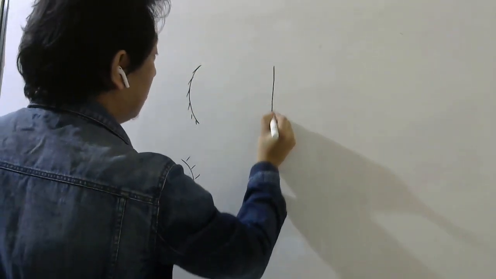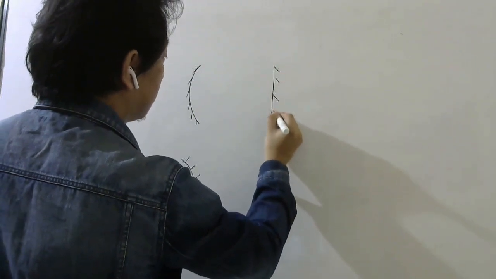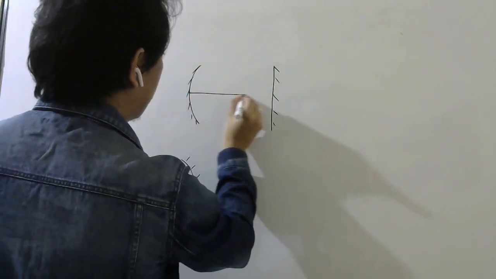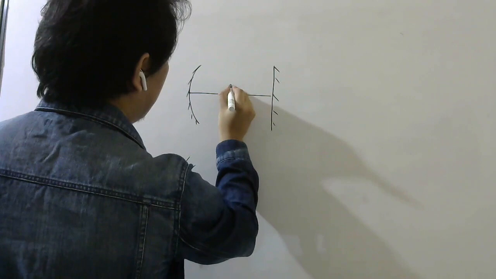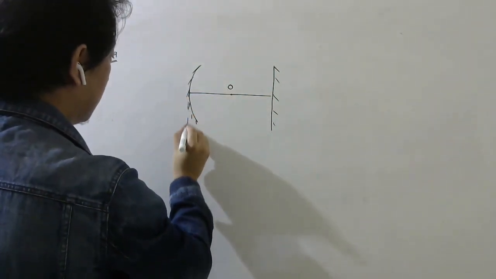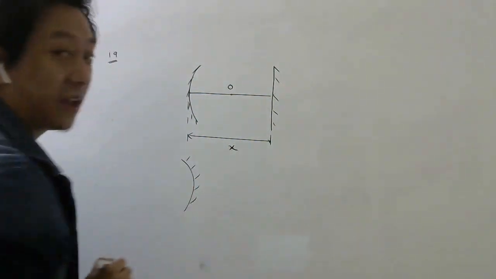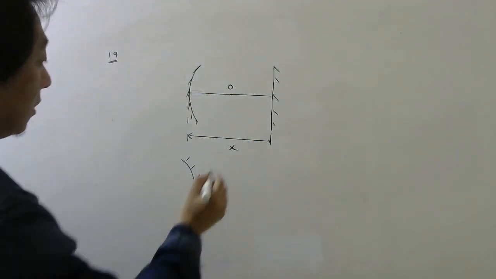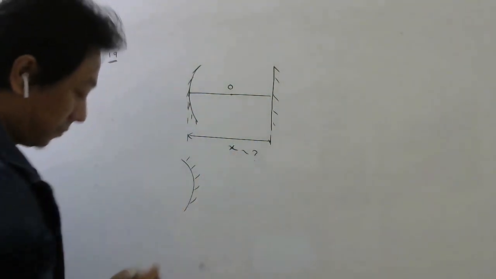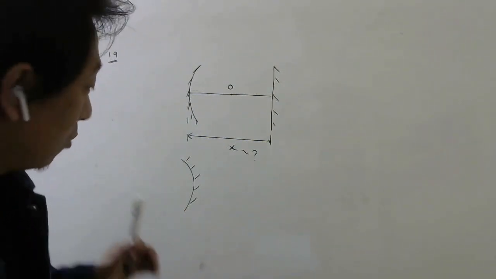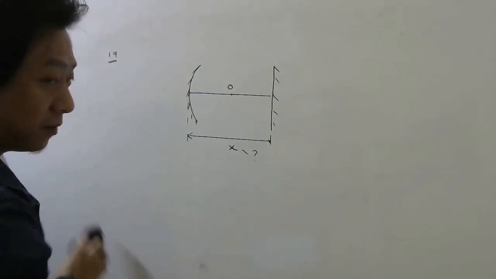And there is a plane mirror. This is the principal axis. At the midway, there is an object. They want us to find this distance. Let us call this distance x. So this x we have to find, provided we use whatever information they have given in the question.